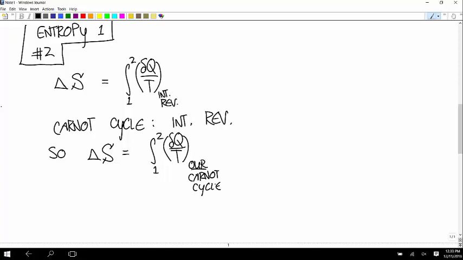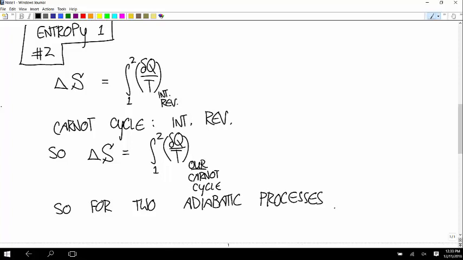And so that means that for the two adiabatic processes, since adiabatic means there's no heat transfer, there's no change in entropy. The entropy is constant over those two adiabatic processes.